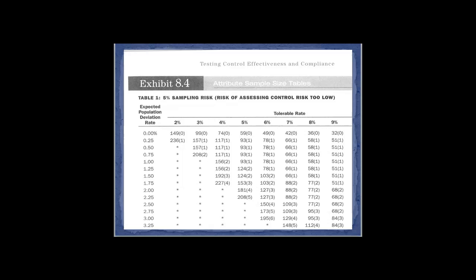So once we have these three parameters, we can come to Exhibit 8.4 in your book. Exhibit 8.4 is divided into a top half and a bottom half, as I said. The top half, 5% risk of assessing control risk too low. Each of the columns, this row, for the tolerable rate, and the first column for the expected population rate.